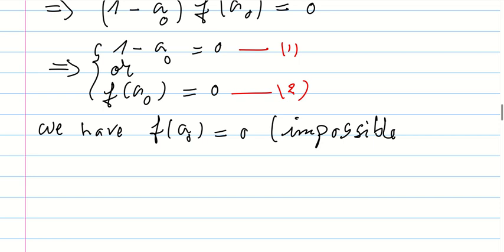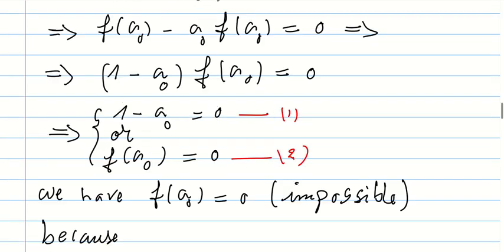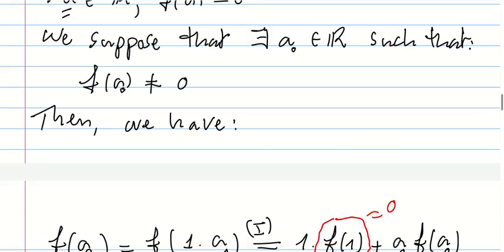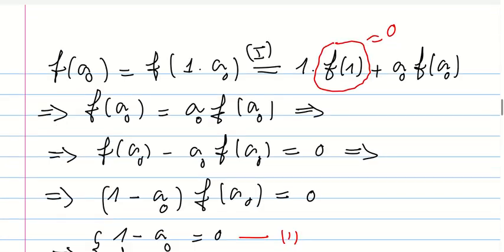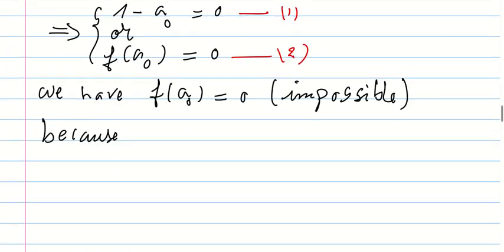Why? Because we have supposed before that f of a 0 is different from 0.